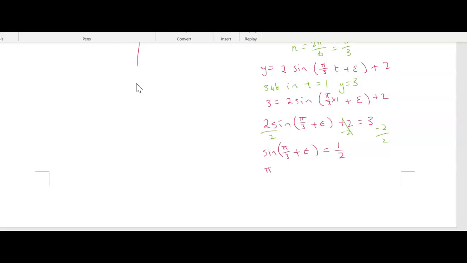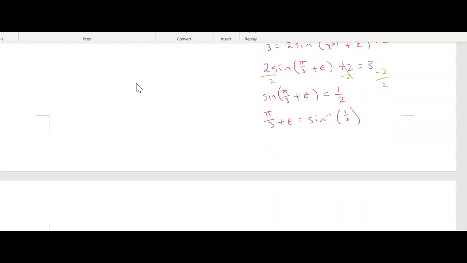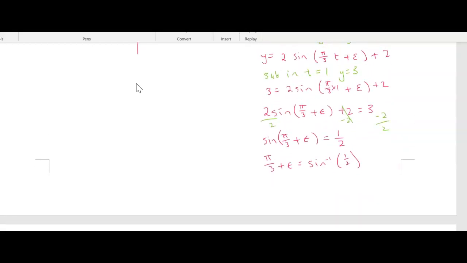All right, so take inverse sine of both sides. So that's when you need to know your exact values. So sine inverse of 0.5 is pi on 6. Now I did actually have to pause the video, I confess, because I'm not the best with my exact values at the moment.